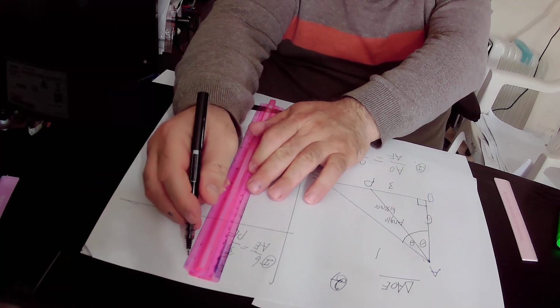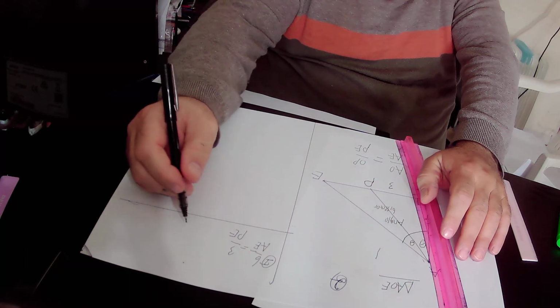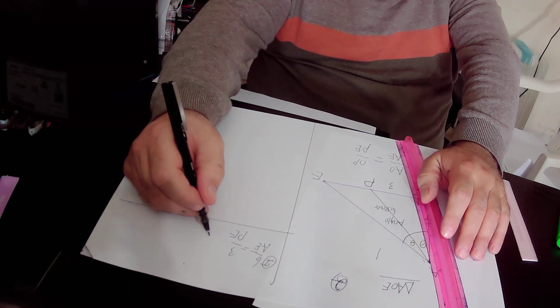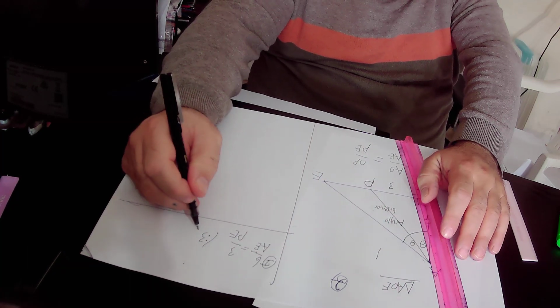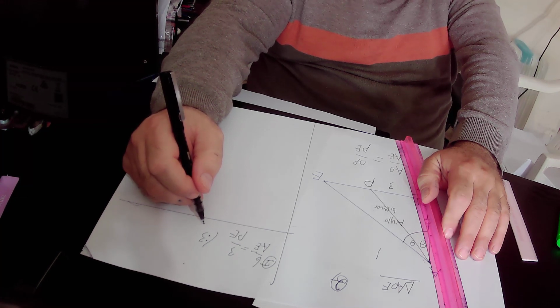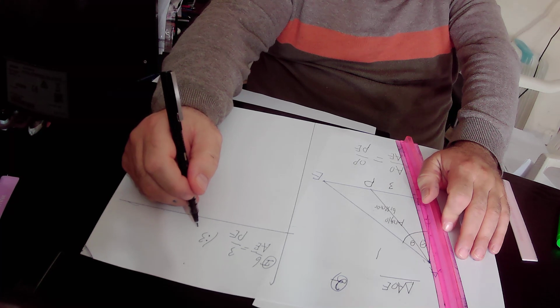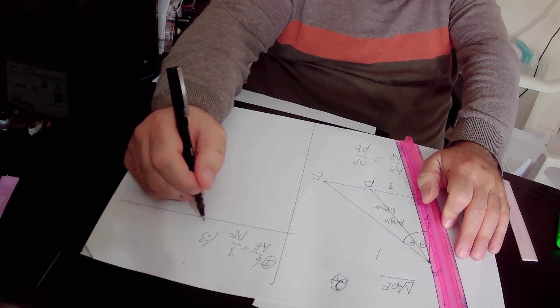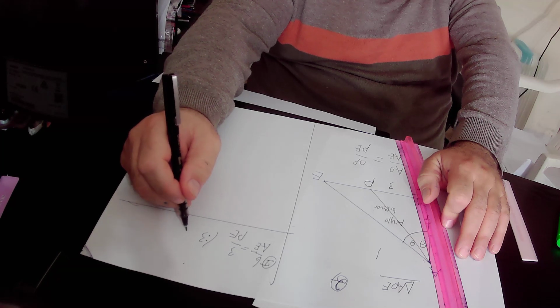Here we will divide equation number 1 by 3, and we will also multiply it by PE and by AE.